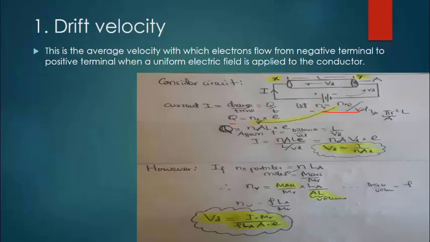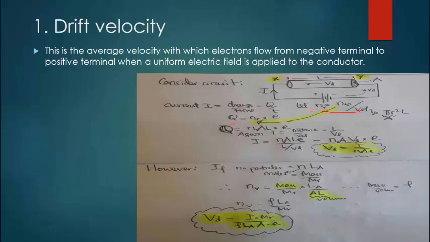So to get the total charge, it is the number of electrons that are there times the charge of an electron, which is e. This in total gives the total charge that passes over this segment of a conductor.